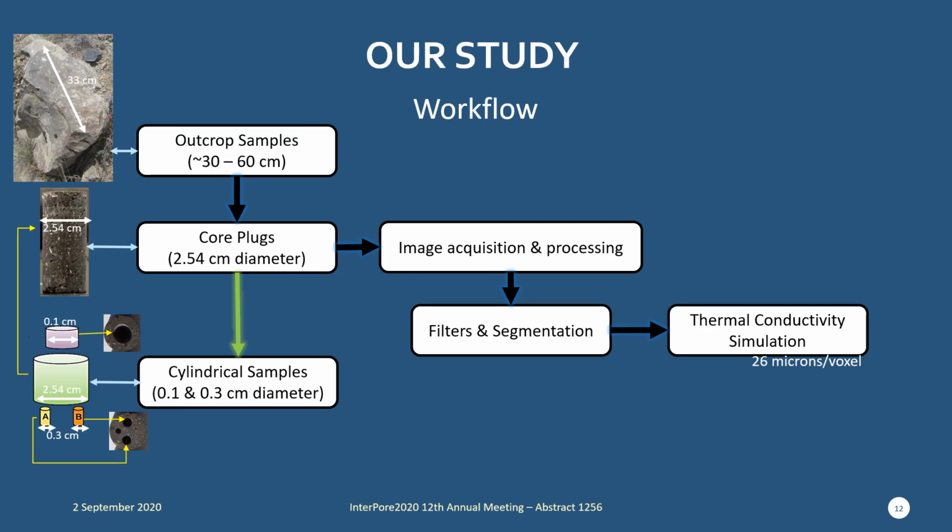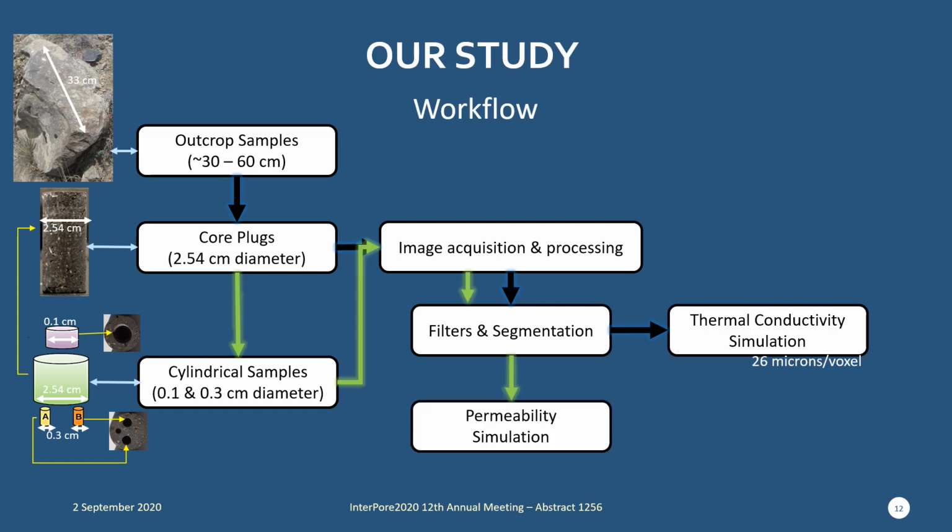So we got 3 microns per voxel, which were the smaller samples, A and B. It was when we could get all the pore structure in all samples.